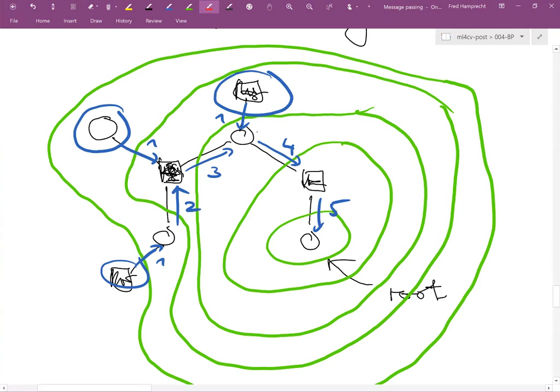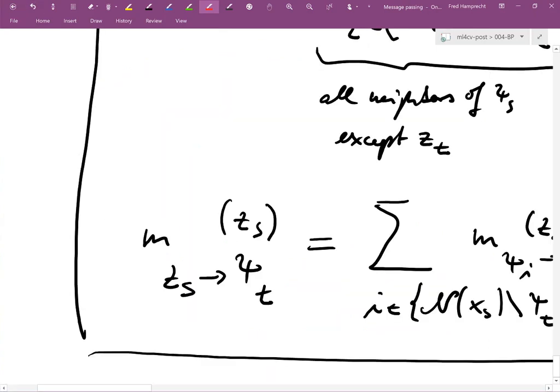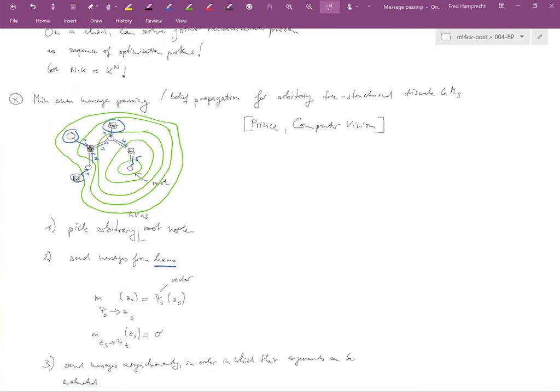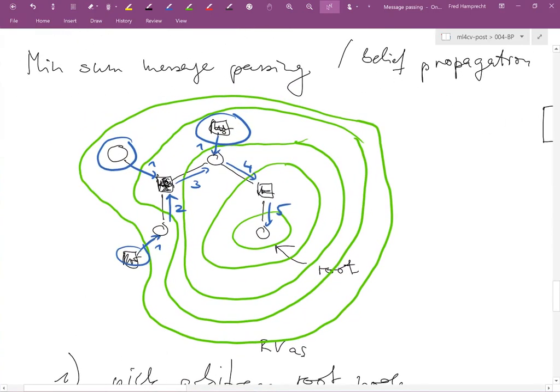So this node, for example, after the first iteration, cannot send a message yet because it still needs input from this side before it can compute its output and send it onwards. So we always need all inputs except one. And to this one where we didn't get input, this is where we're sending our own message to.